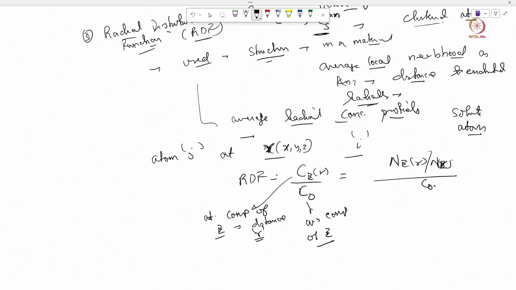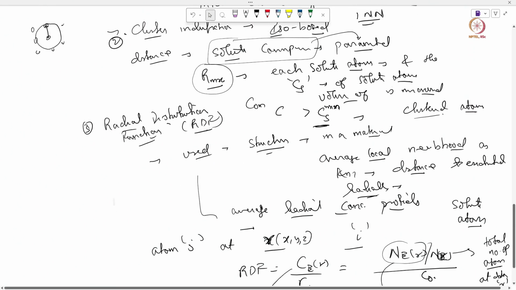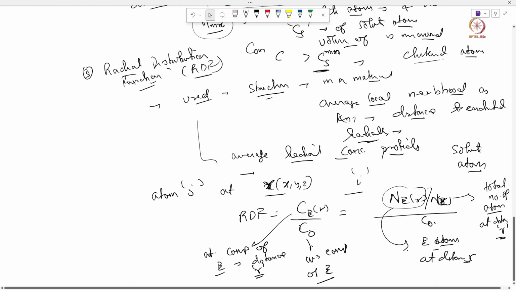Similarly, N(r) is the total number of atoms at a distance r from the solute or the chosen atom, and NE(r) is the total number of E atoms of that particular element at a distance r. So this is the third way of identifying clusters, which is called the radial distribution function.